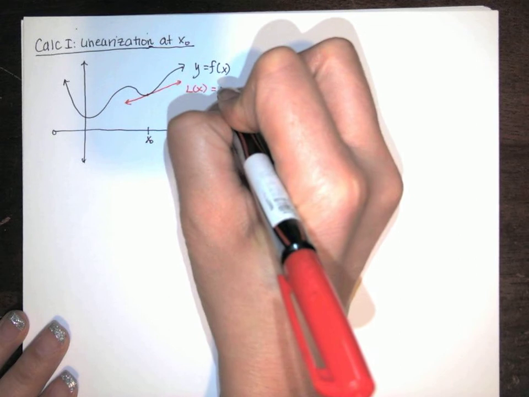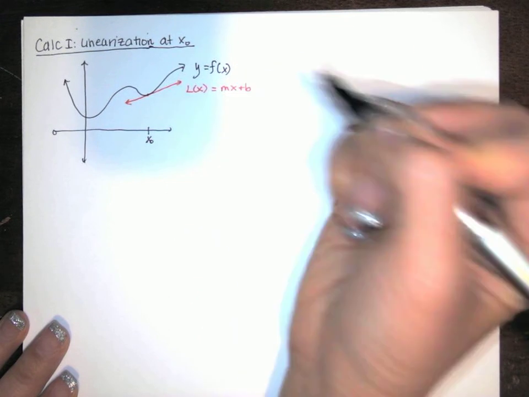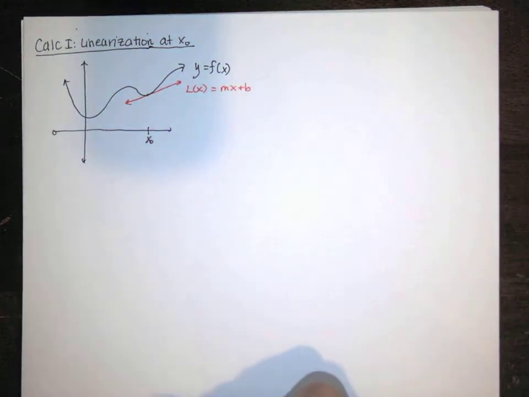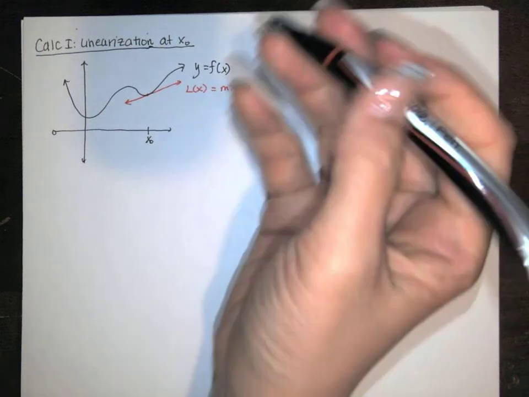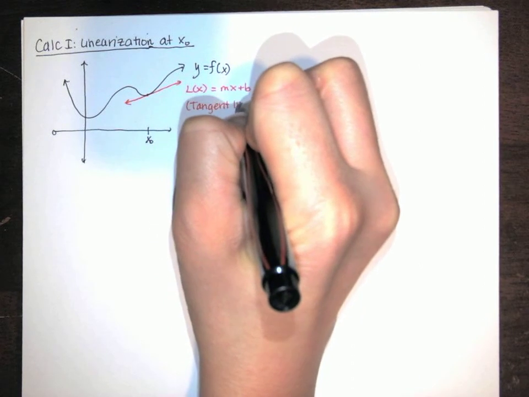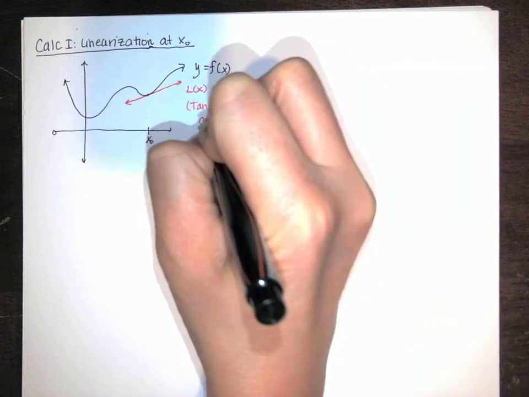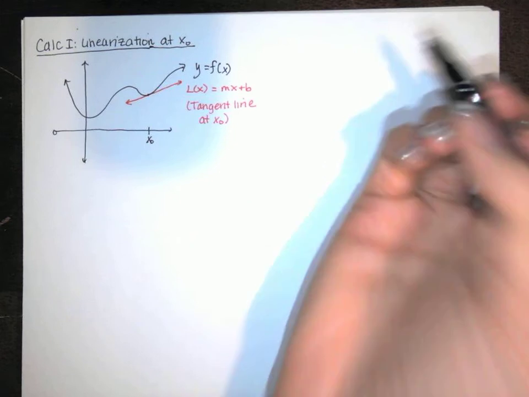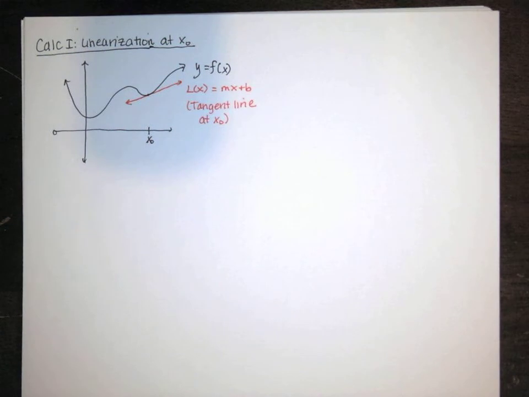So L of x is just going to be the equation of a line, mx plus b. And we're going to call that the linearization of the function at that point, x naught. It's just another name for the tangent line. So linearization and tangent line in Calculus 1, they are the same thing.